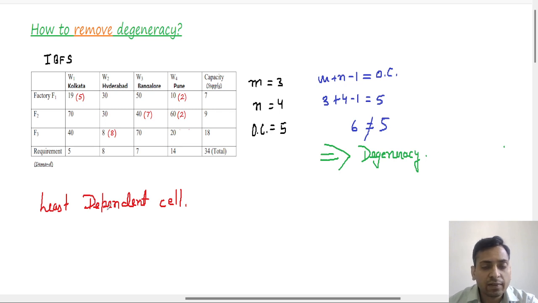What is a dependent cell? A dependent cell means an unoccupied cell which has no loop.